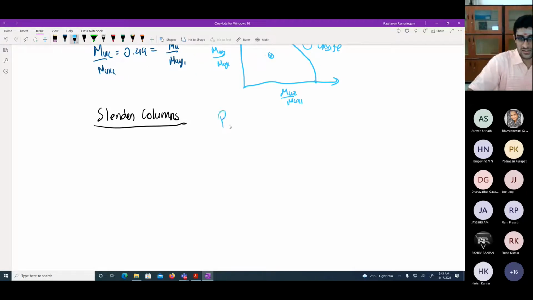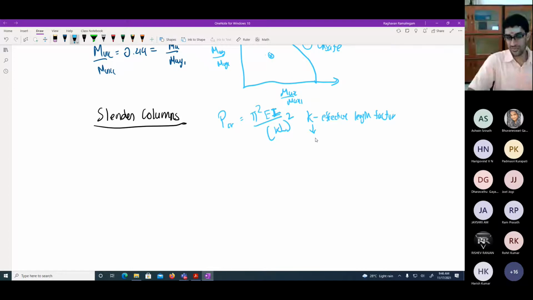Basically it is P critical equals pi square EI by KL whole square, where K is known as the effective length factor, and this effective length factor depends on your boundary or end conditions, or your supports. For a simply supported column with a hinge and a vertical roller on top, or vice versa, this becomes 1.0.